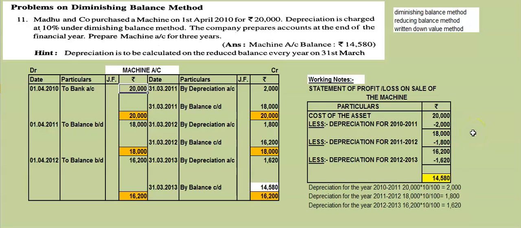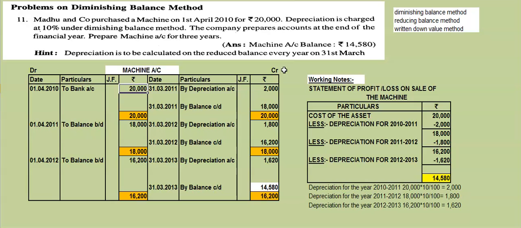But under the diminishing balance method, every year the value of the asset reduces, so depreciation is also found on the reduced value only. The belief is that because the value of the asset is decreasing, depreciation should also decrease.